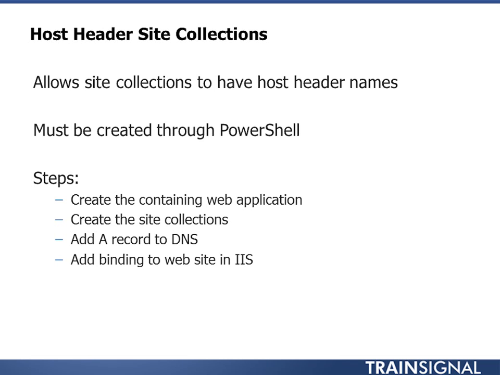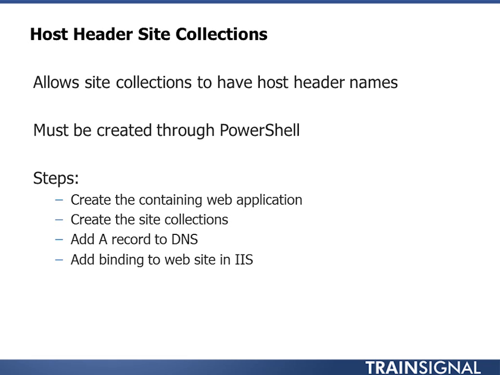Now, in order for me to create a host header site collection, there's effectively going to be 4 steps. I need to create the containing web application that's going to host all those site collections. I need to set up the site collection itself, and I'm going to have to do that through PowerShell.